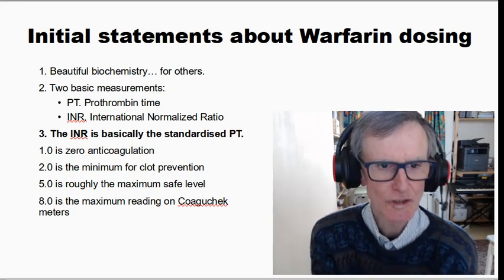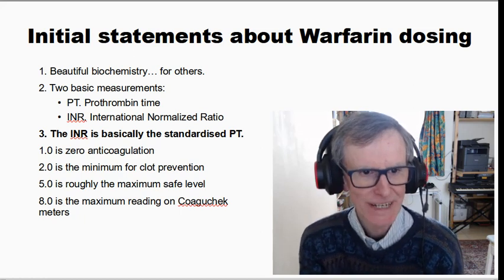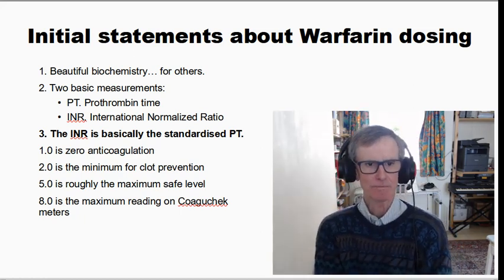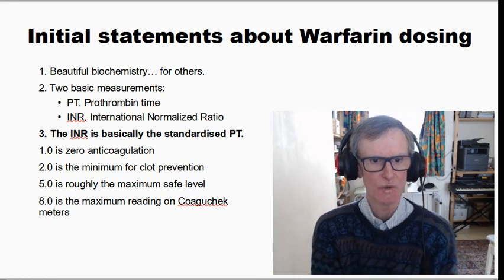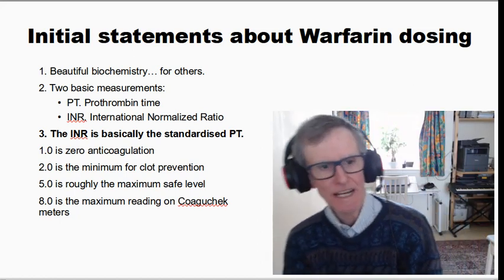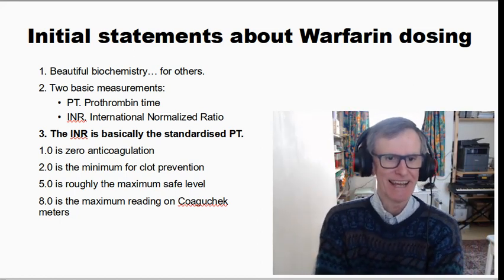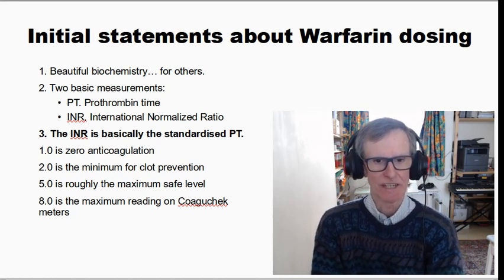Now, two basic measurements. There's the PT, the prothrombin time for anticoagulation, and the INR, the International Normalized Ratio. Basically, the INR is the standardized PT.